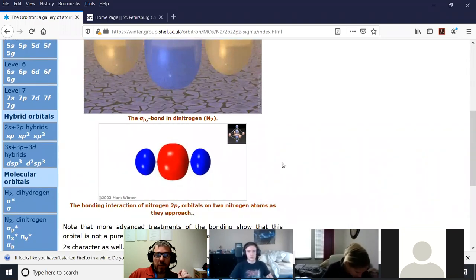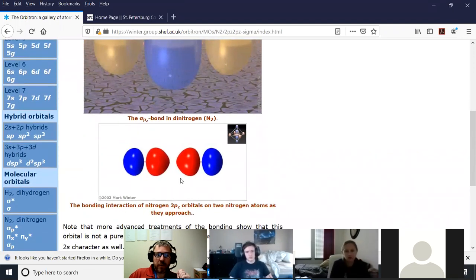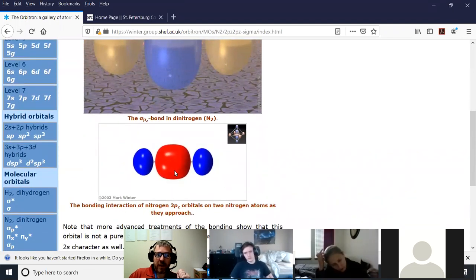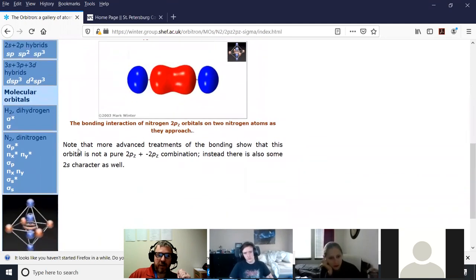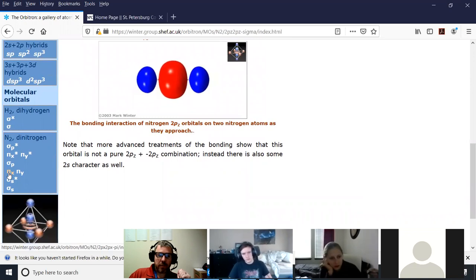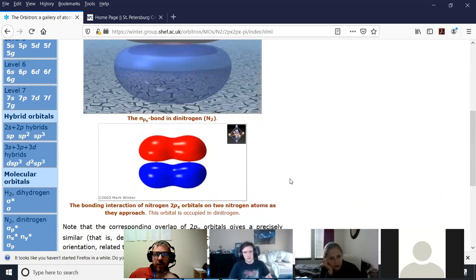Perfect. Okay, I wanted to show you just an animation of how 2 p orbitals could join together to form a sigma bond. And you can see it's just from an end-to-end type situation. Now, contrast that with a pi orbital here. Take a look. See the difference?